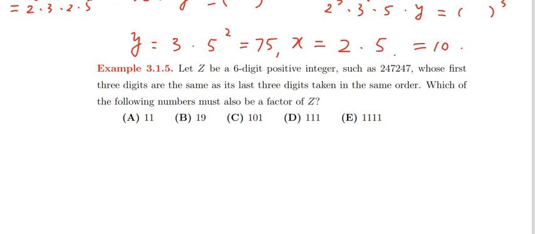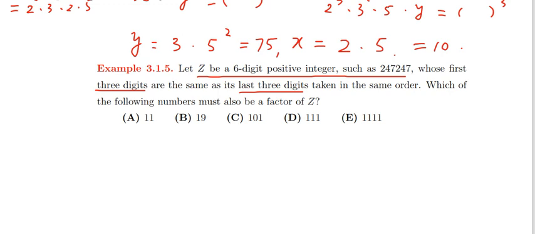Okay, z is a 6-digit positive integer such that the first 3 digits and the last 3 digits are the same.